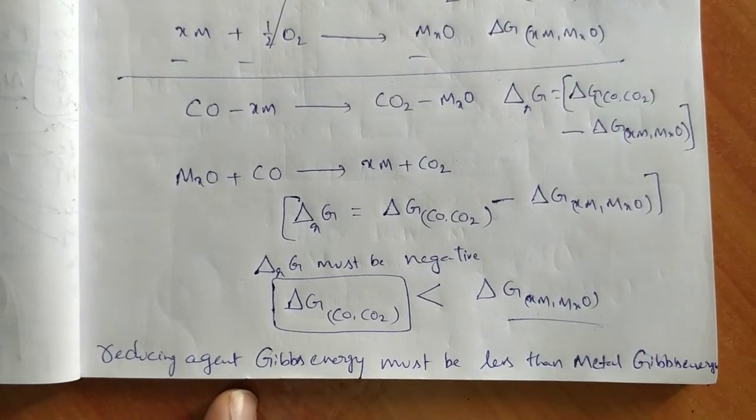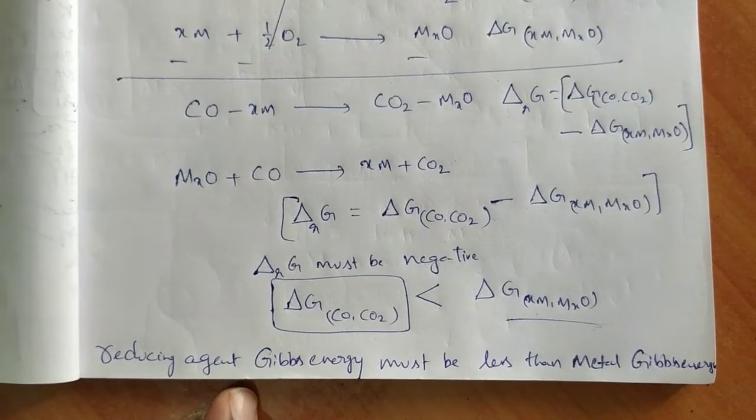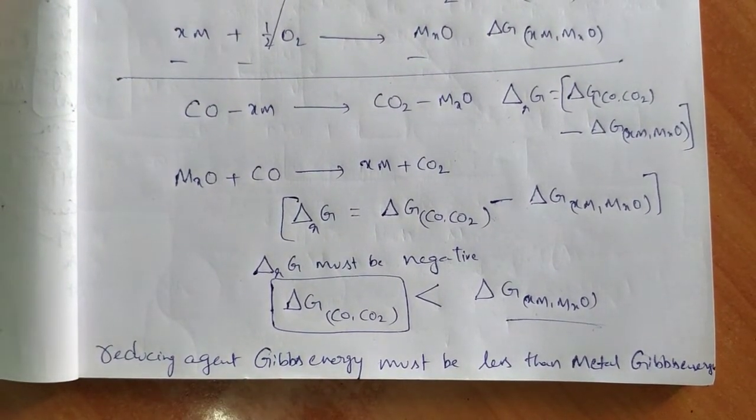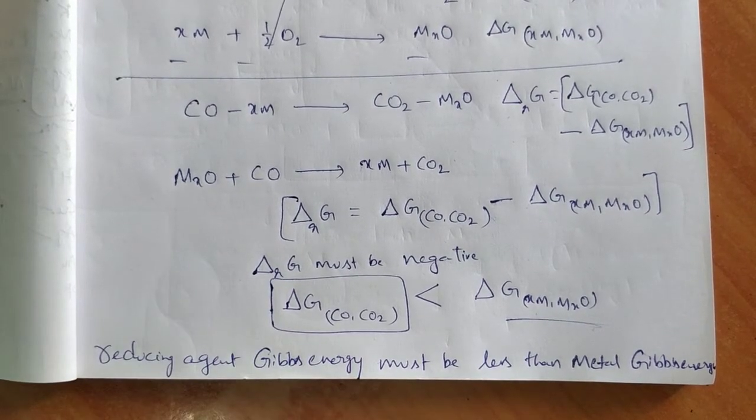This much explanation I gave. Actually in the CBSE textbook or anywhere else, this much explanation was not given, because for understanding the Ellingham diagram easily, this much explanation is required.